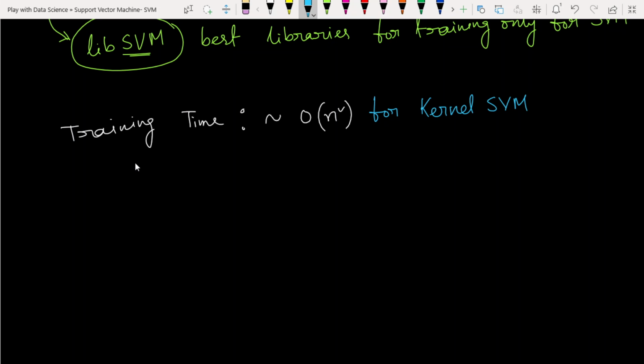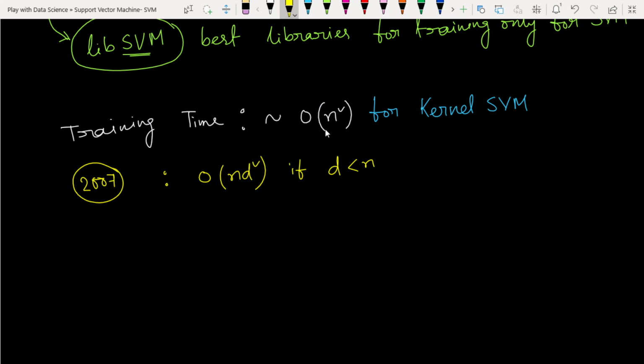In about 2007, there came one research paper. They applied some modifications to this algorithm and proved that they can reduce the training time complexity to order of n d square, if d is less than n.